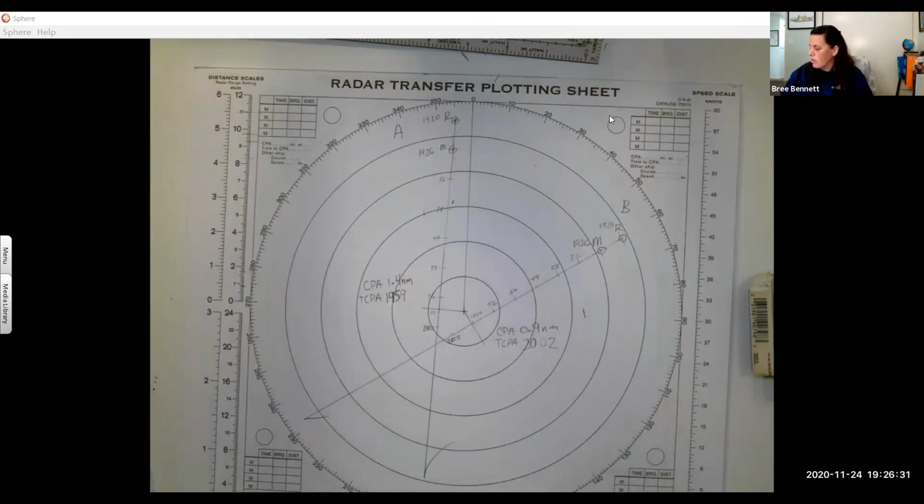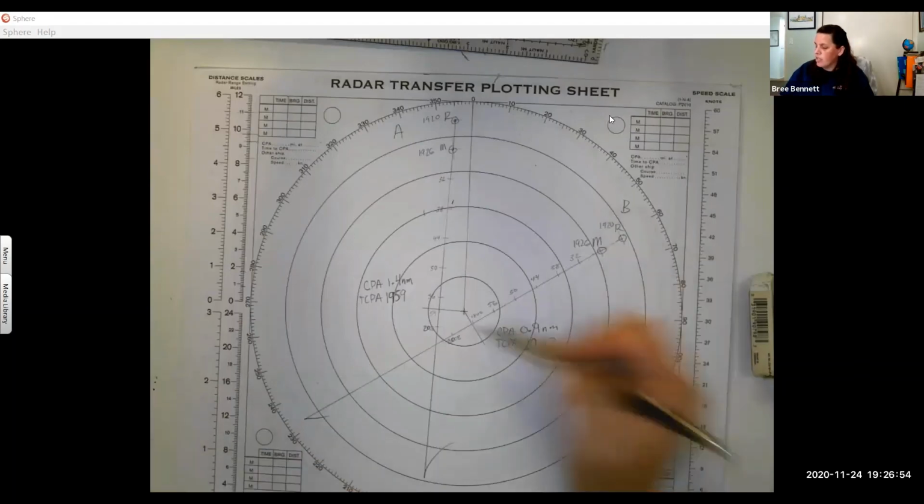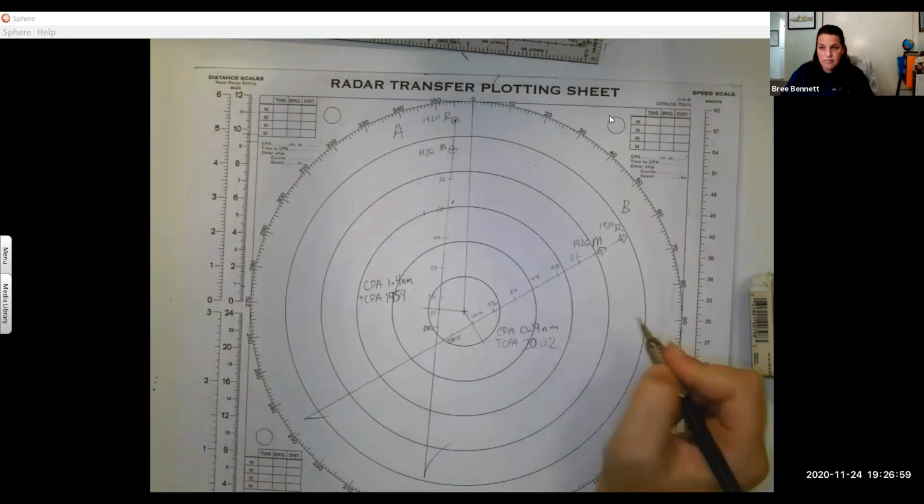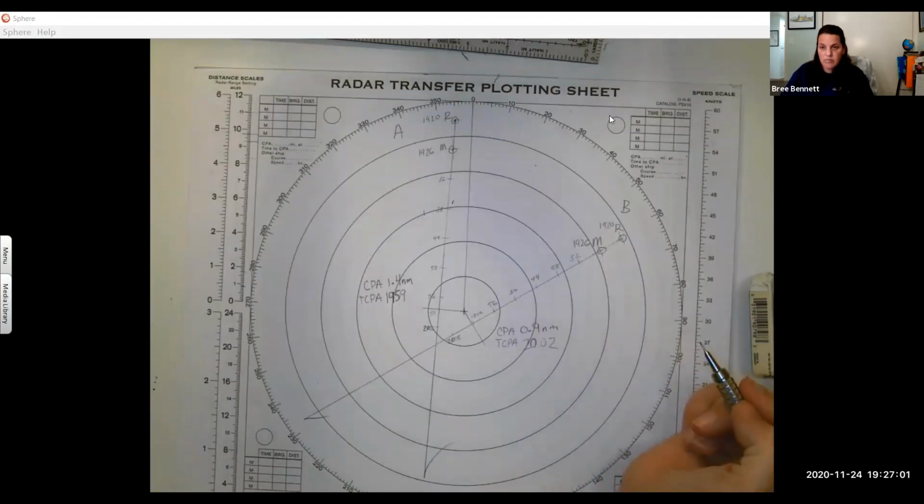But now I also want to see with these vessels who is the give-way and who's the stand-on, and see if that helps me figure out my most dangerous, if I have to give way for one or not the other, and see how that's going to affect before I decide what my new course is going to be. So I want to figure out the target's true course for each of these vessels.